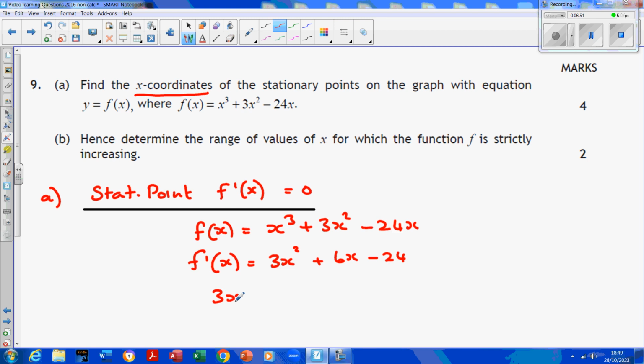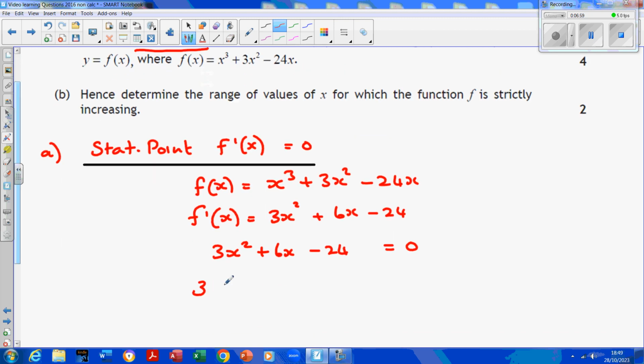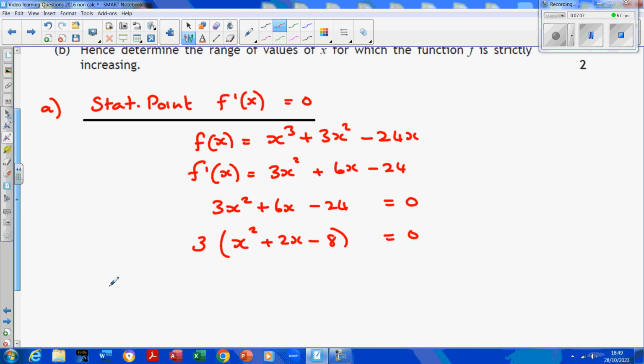The keyword here is factorise. I can see a common factor of 3, so I'm going to pull that out. If I divide both sides by 3, then I've just got x squared plus 2x minus 8 equals 0.